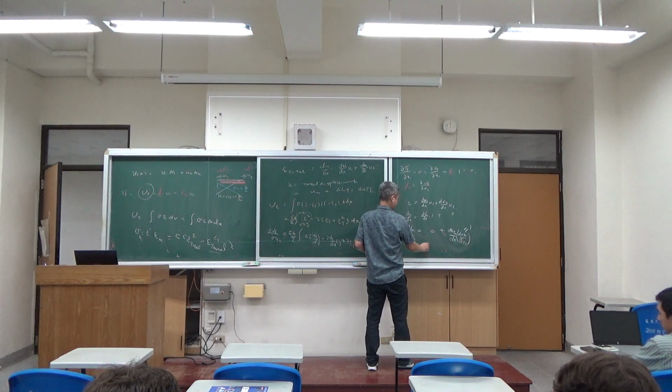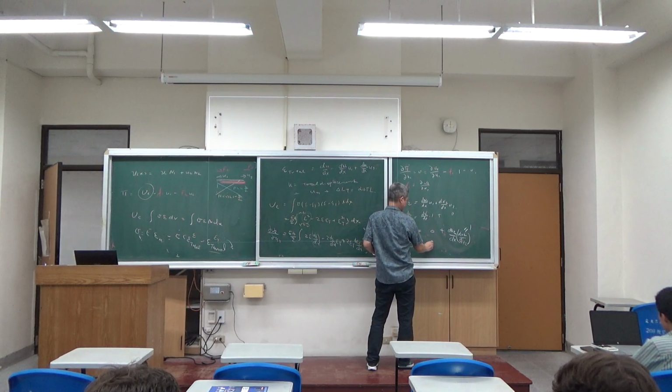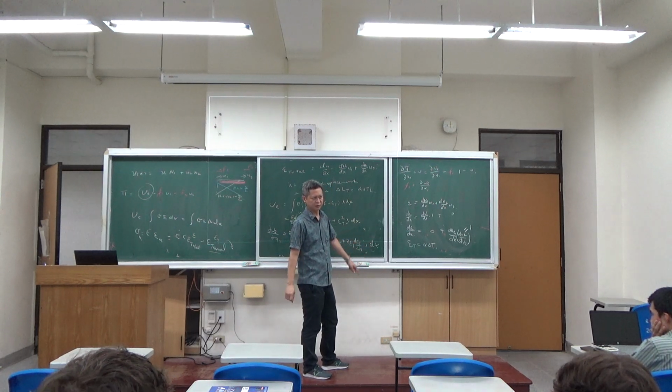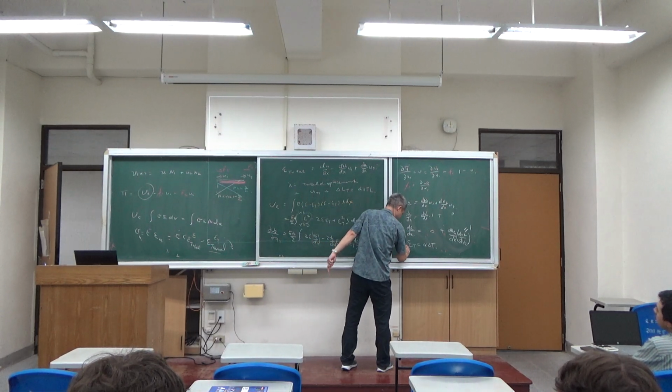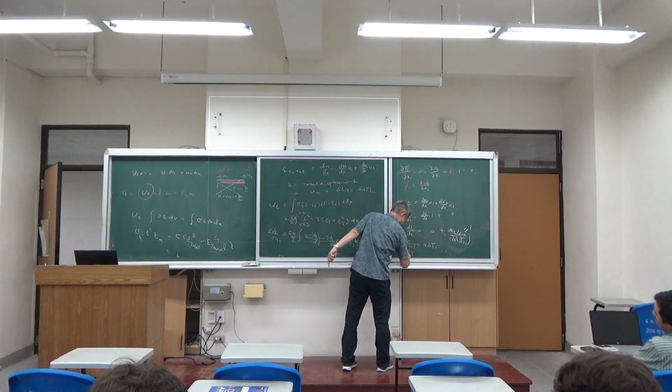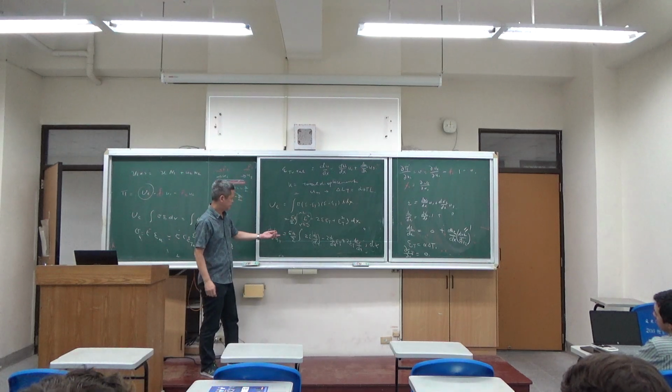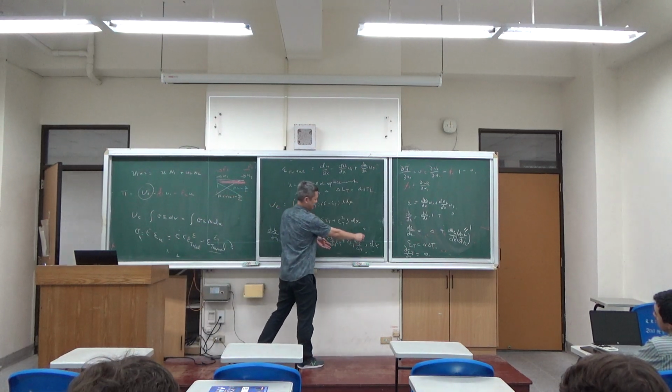Epsilon t is alpha delta T, a constant. So the derivative of epsilon t with respect to u is 0. In this case, the last term is 0.